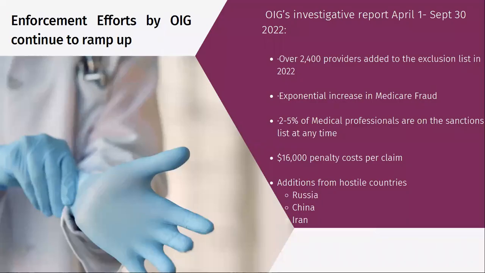And recently, the OIG, in their most recent report to Congress, pointed out that more than 2,400 providers were added to the exclusion list just in 2022. There has been an exponential increase in Medicare fraud. Of course, COVID led to a lot of those issues.